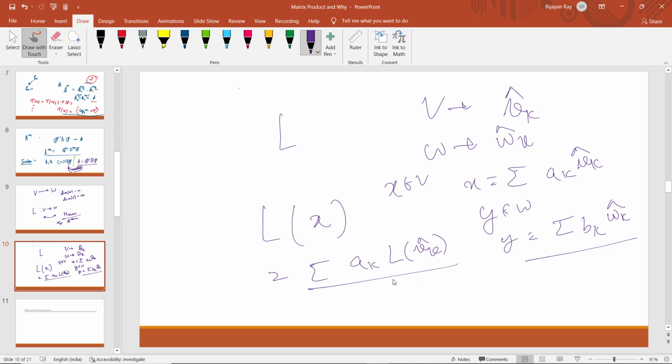So this ak is actually forming the kth row vector of the matrix. This is the usual isomorphism, that is, this is the kth row.